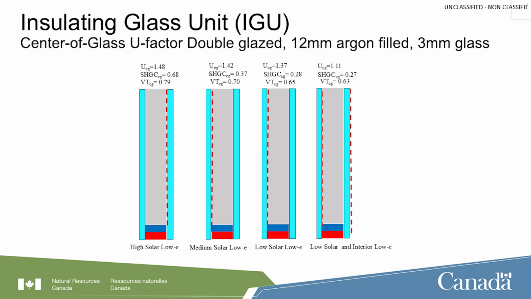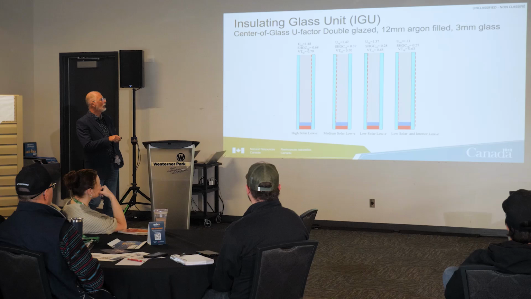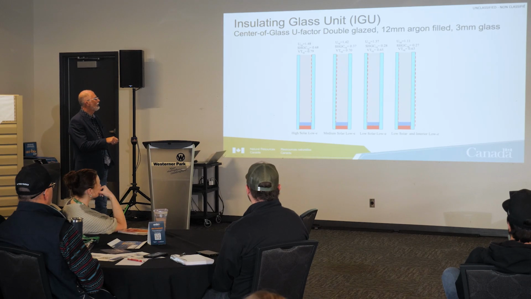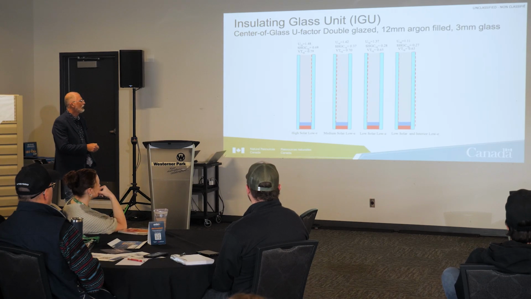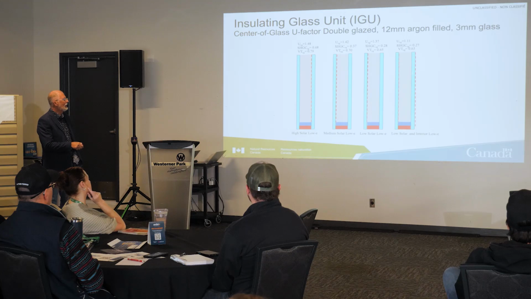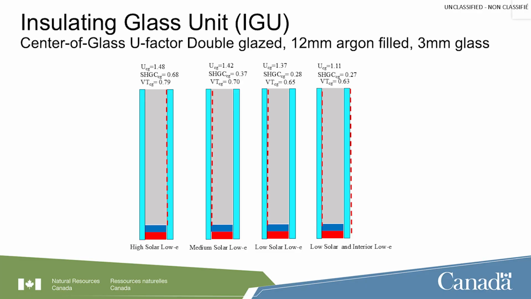Now, if I want to decrease my U value and I want to make a better window down to 1.11, these two windows are almost identical except for the U value. But what's changed? I've added an interior low E coating, and remember, we're radiating the infrared spectrum, so by putting that on the interior, all the heat in the room gets bounced back into the room.